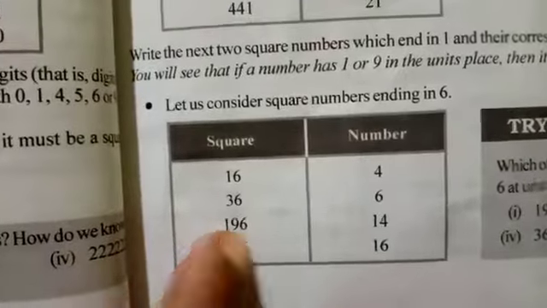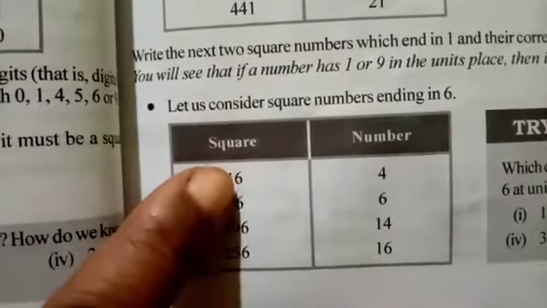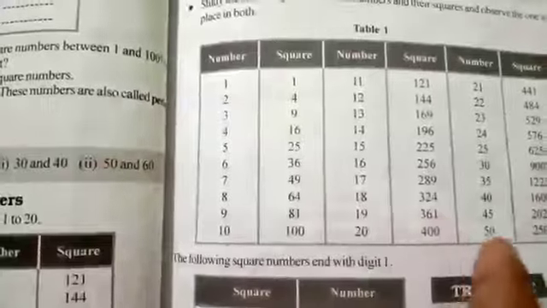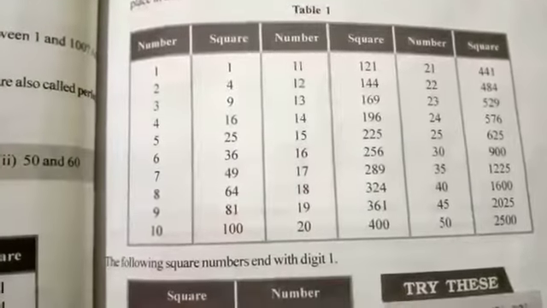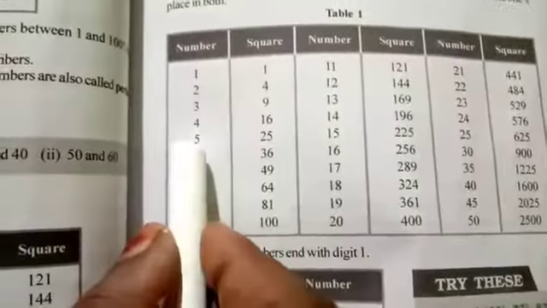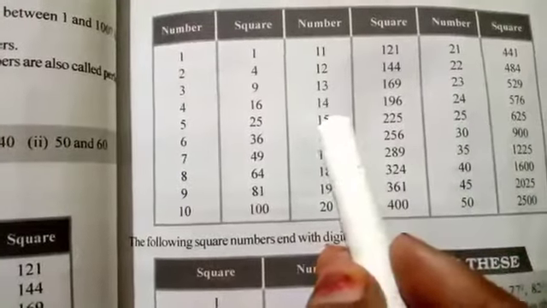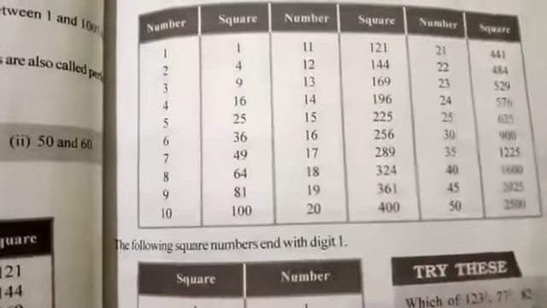So if the numbers end with 4 and 6, the squares all end with 6. They have given here 1 to 50 numbers and squares also. You can observe what all you will get. And always, 5 square is 25, 15 square is 225. So if a number ends with 5, the square ends with 5. This also you can observe.